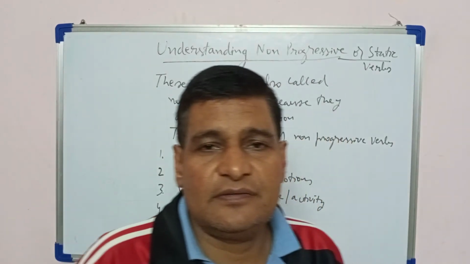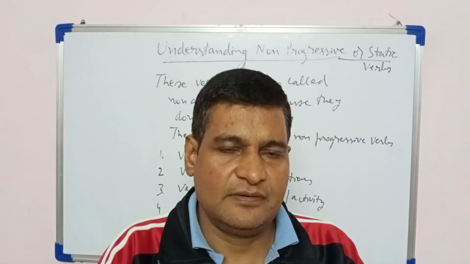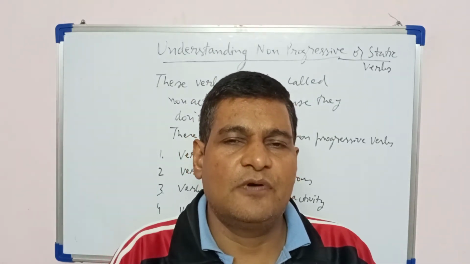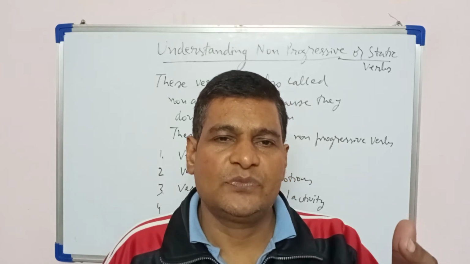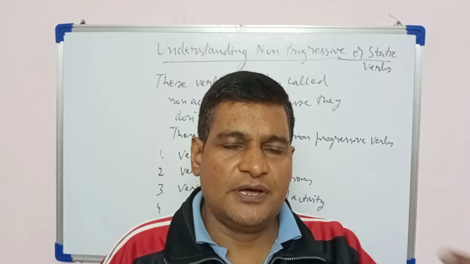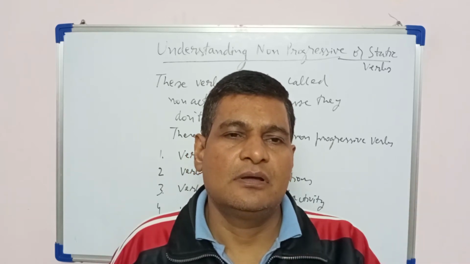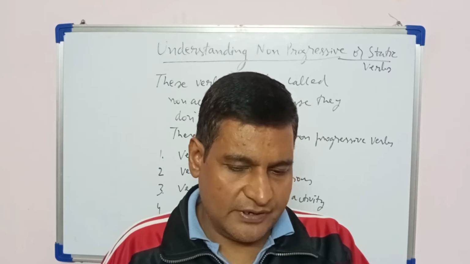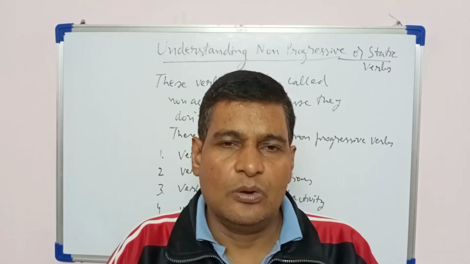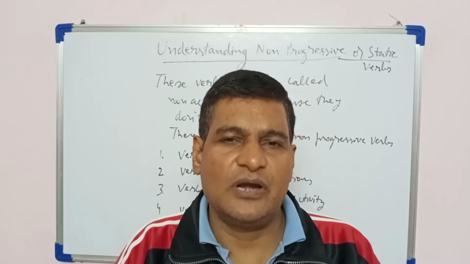Verbs of senses are those verbs which are related to 5 senses. From our eyes we see, from our ears we hear something, and from our tongue we get the taste of something. We get the quality of something.